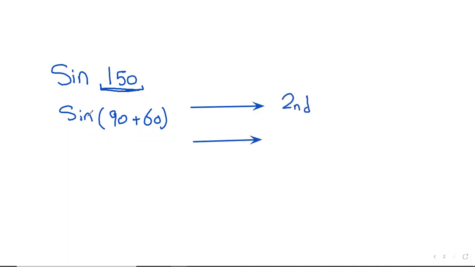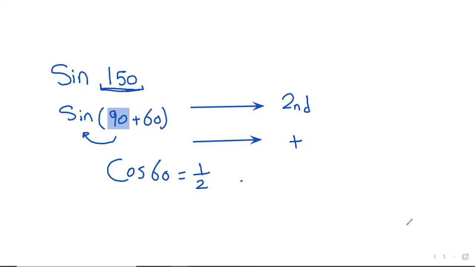Secondly, what is the sign of sine in the second quadrant? It's positive. But 90 changes sine to cosine, so it will be positive cosine 60. And cosine 60 equals half.